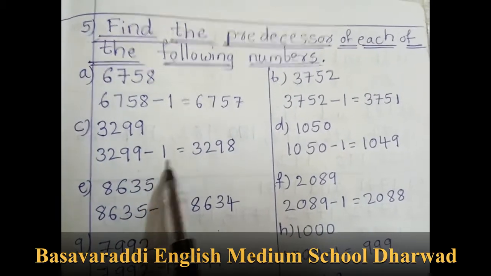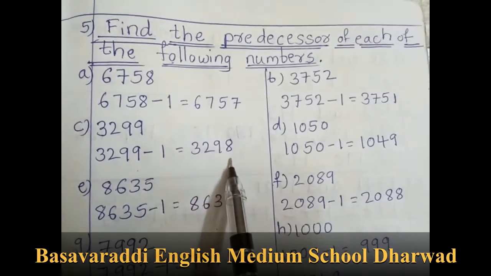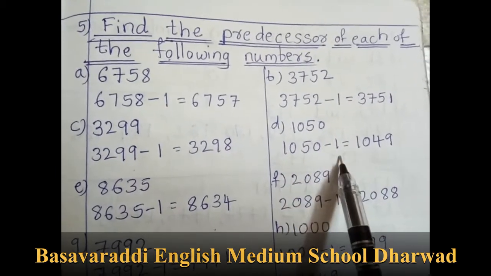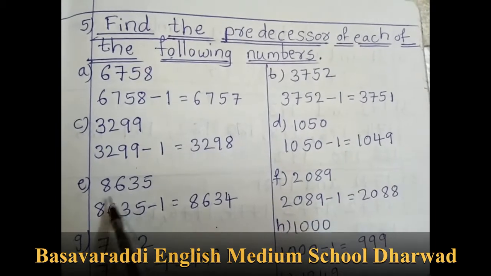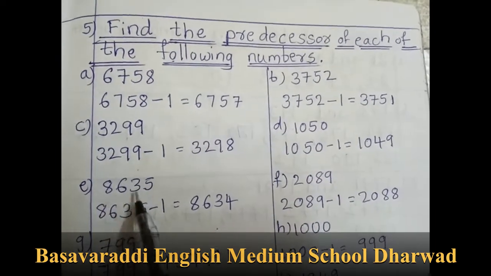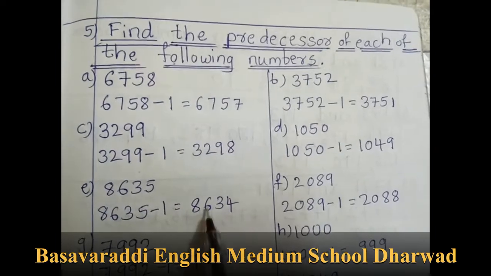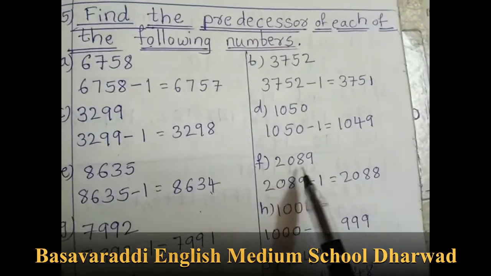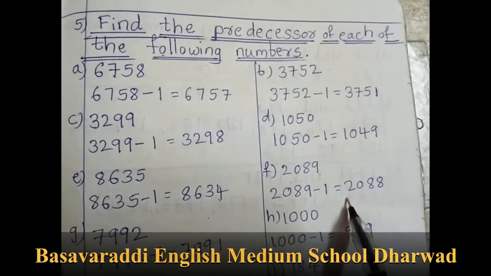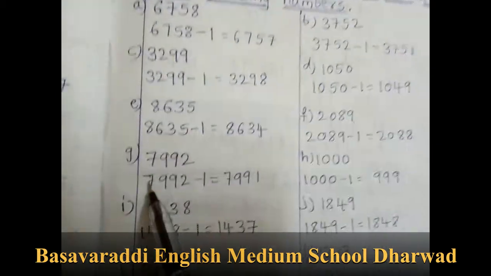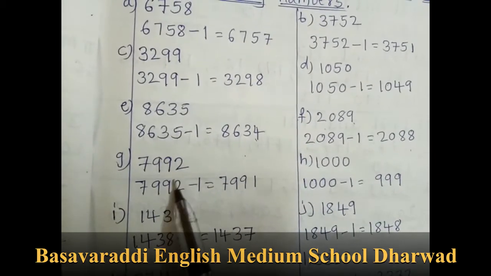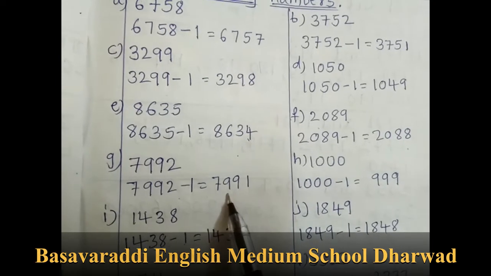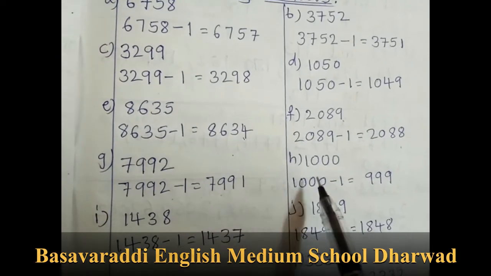That is minus 1, so 3298. 1050 minus 1, we are subtracting 1, 1049. 8635, the predecessor is 8634 because we are subtracting 1. 2089, the predecessor is 2088. 7992, the predecessor is 7991, subtracting 1.